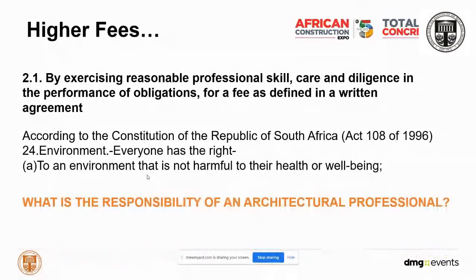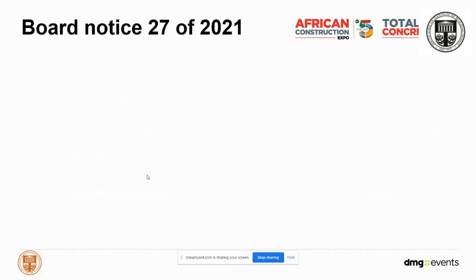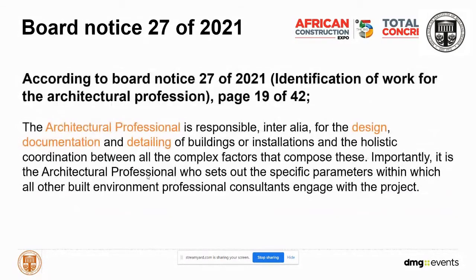So the question is, what is the responsibility of the architectural professional? According to Board Notice 27 of 21 of 2021, the identification of work, the architectural professional is responsible for the design, documentation, and detailing of buildings or installations, and the holistic coordination between all the complex factors that compose these.